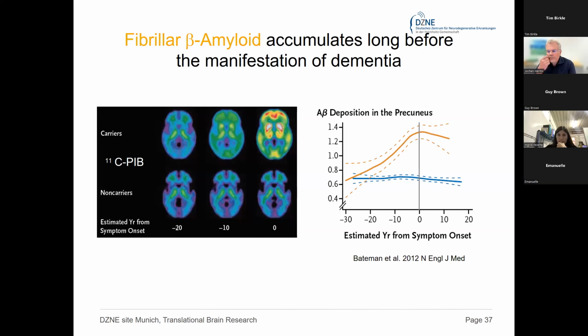In this paper by Bateman, it was quantified, and as you can see, the A-beta deposition in the precuneus starts 20 years before the start of the clinical symptoms. So the brain is more or less full of A-beta already 10 years prior to the disease onset, even though the patients don't have any cognitive signs. So A-beta accumulation in the brain does not cause dementia.